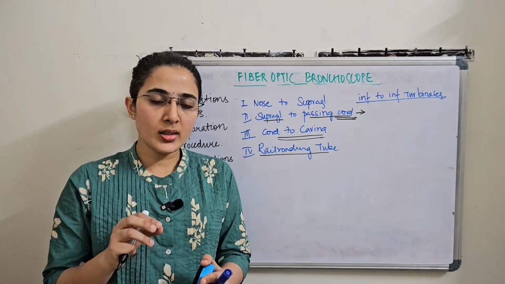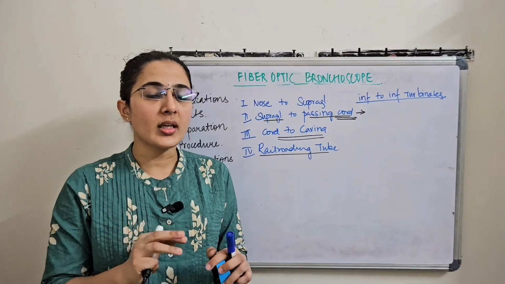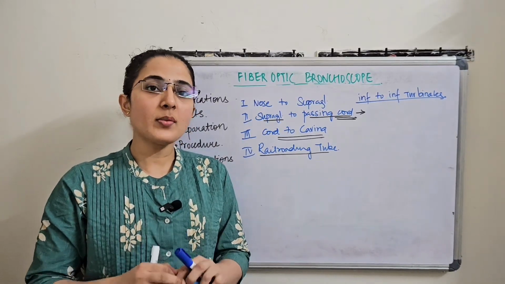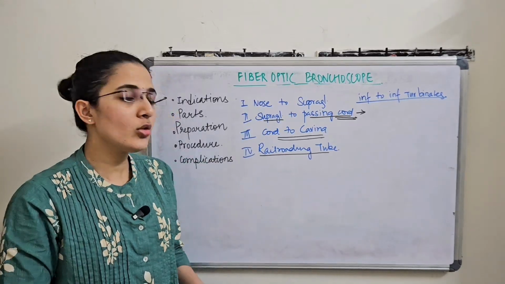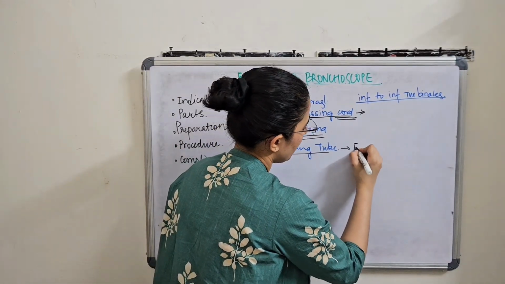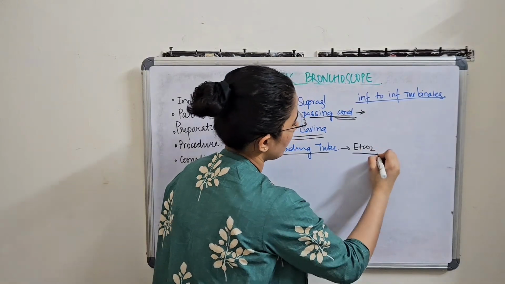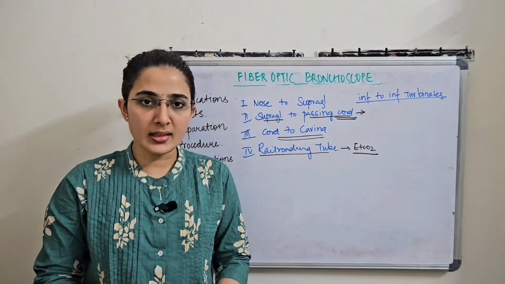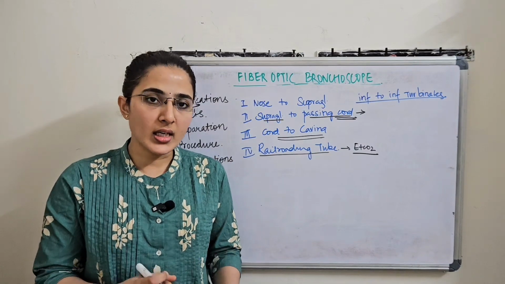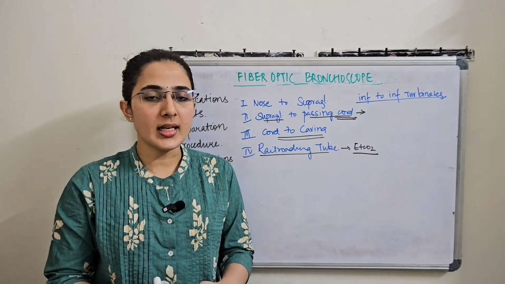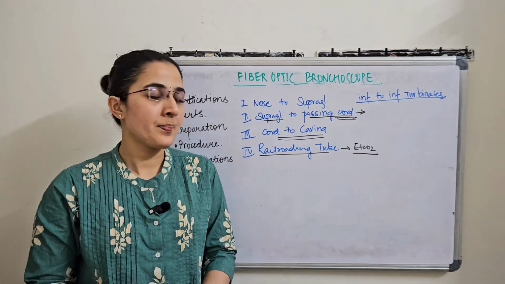Once you set it in place, you connect it with the circuit and confirm that you have intubated in place using an EtCO2 graph. Once there, you can induce the patient, put him under anesthesia, that is, give an IV induction agent and a muscle relaxant with the inhalational agents and secure it in place.